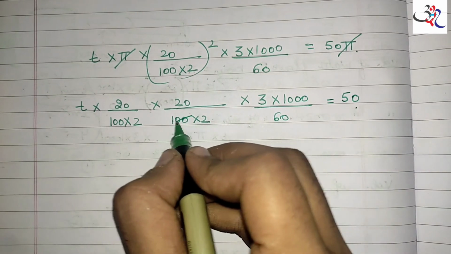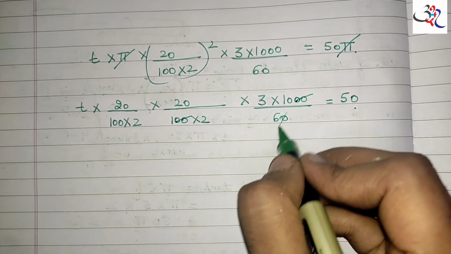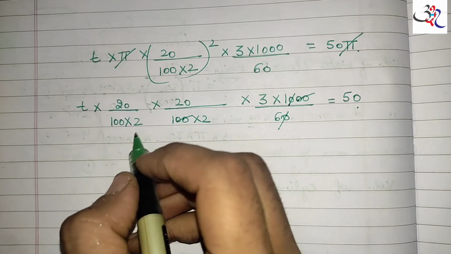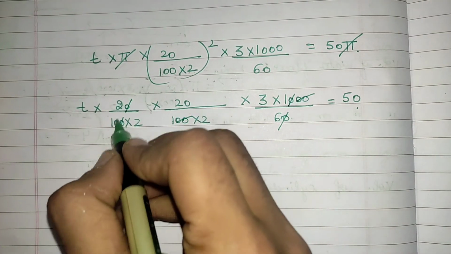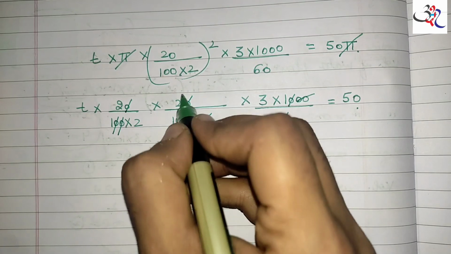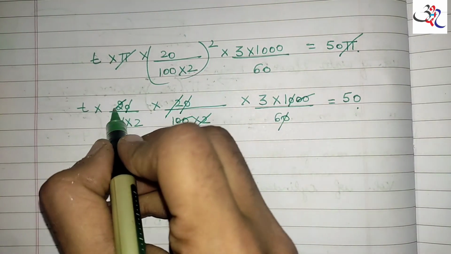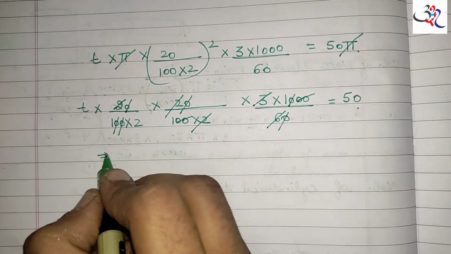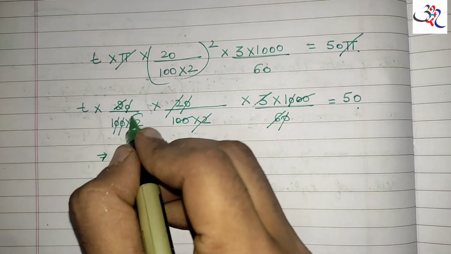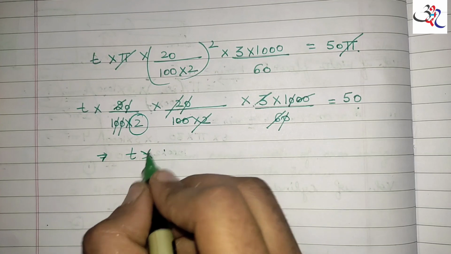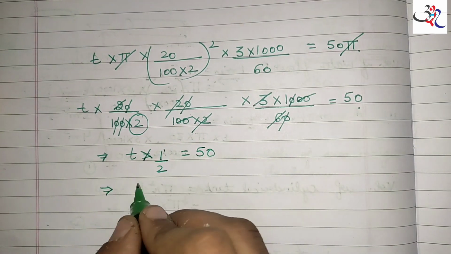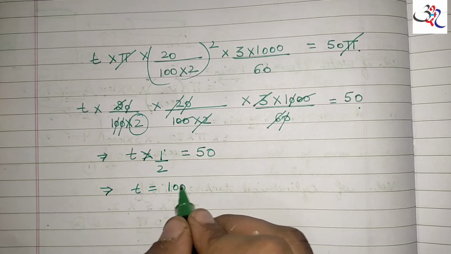The double zeros and zeros will get cancelled out. 2 and 2 will get cancelled out. Now 2 into 3 will become 6, and this will get cancelled with this 6. So I am left with 2 in the denominator. 1 by 2 is equal to 50, so t will be equal to 100 minutes.